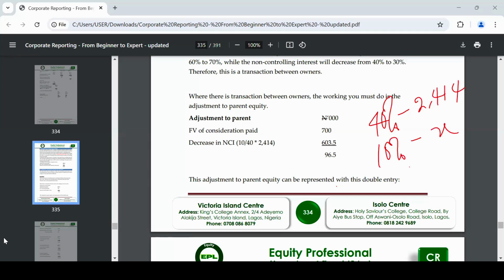If I cross multiply, I'll come to a point where I'm going to have 10% over 40% times 2414. 2414 divided by 4, I get 603.5.